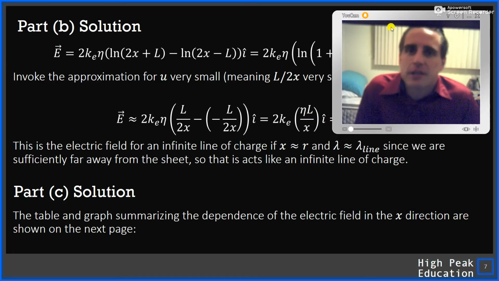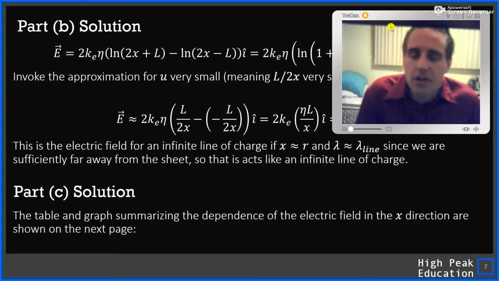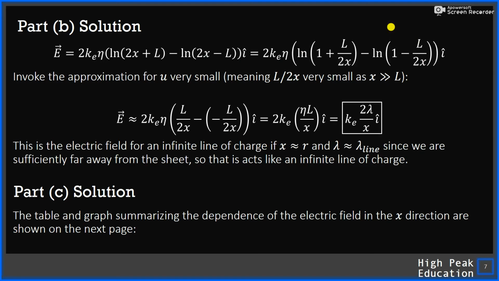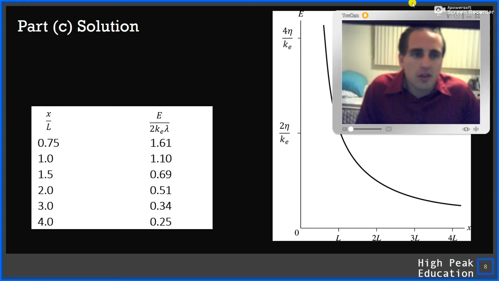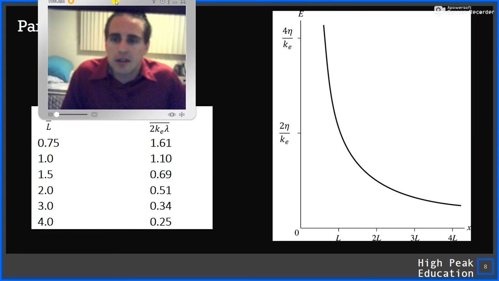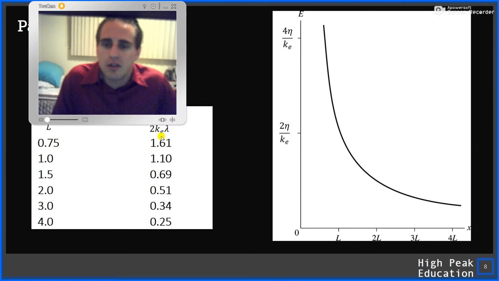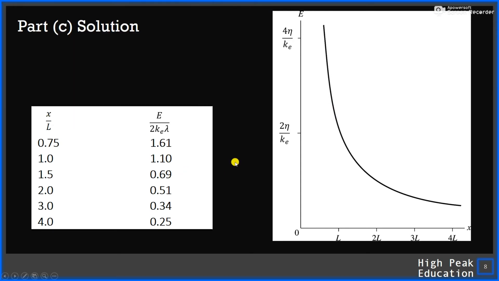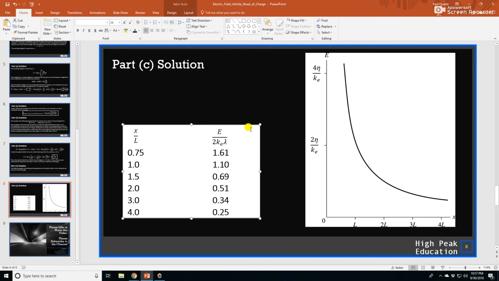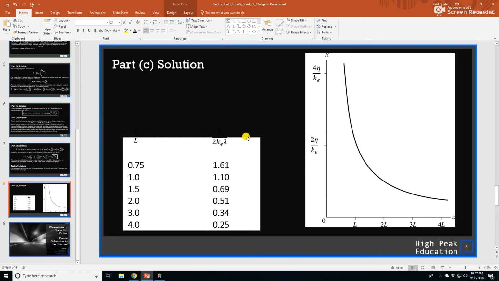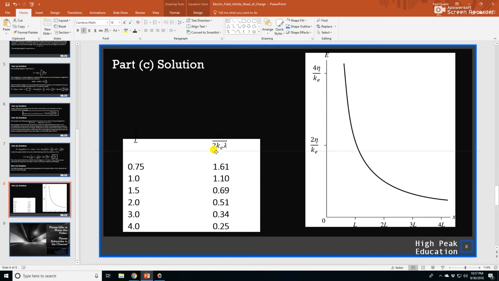And lastly, part C of the solution. The table and the graph on the next slide summarize the dependence of the electric field in the x direction. And let's show that here. Let me make this a little easier to see as I'm narrating here.